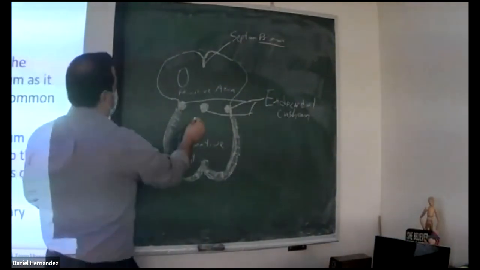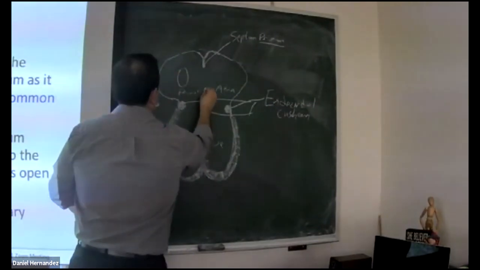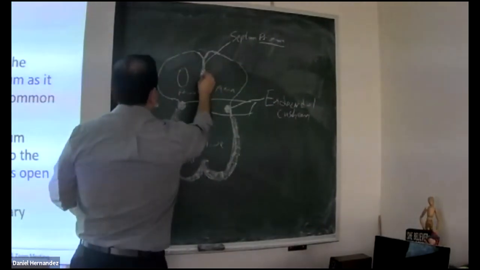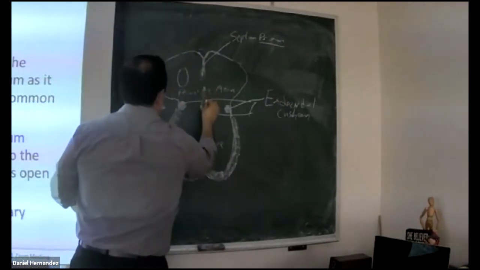What's going to happen now is, from these endocardial cushions, your septum is going to start to grow up and grow down, and they're going to meet.